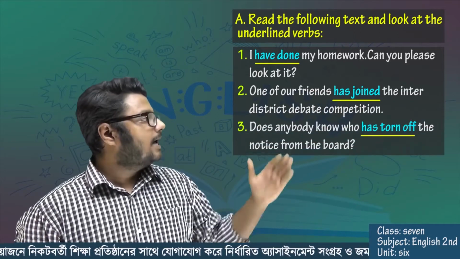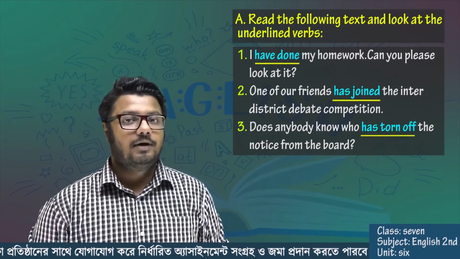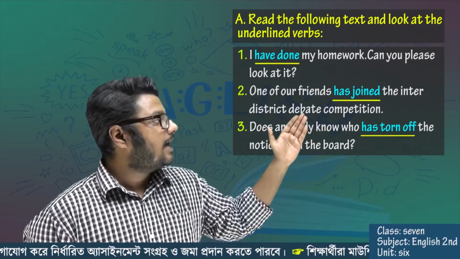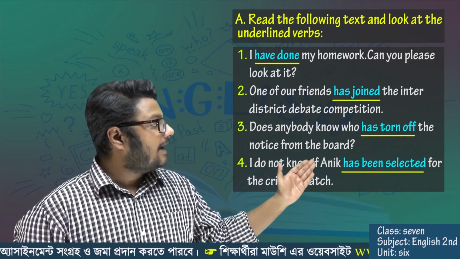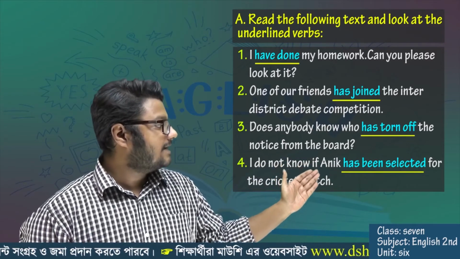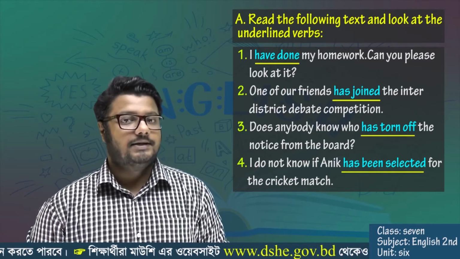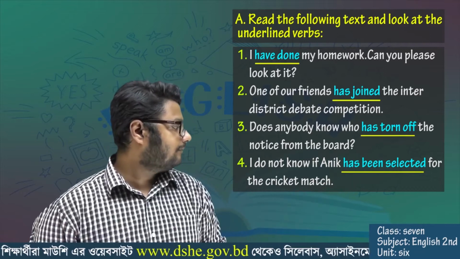Number 3. Does anybody know who has torn off the notice from the board? In this sentence, the underlined verb is has torn off. Number 4. I do not know if Anik has been selected for the cricket match. In this sentence, the underlined verb is has been selected.